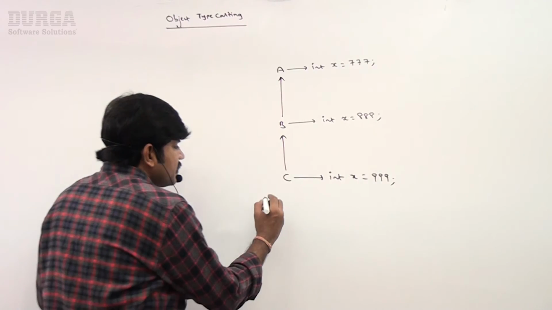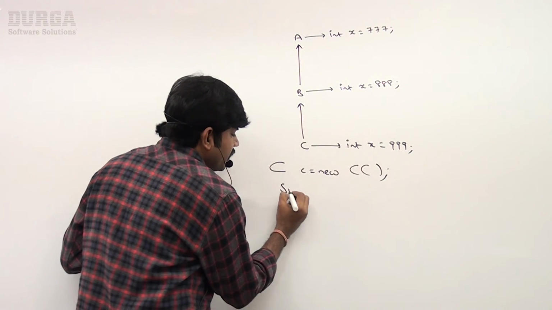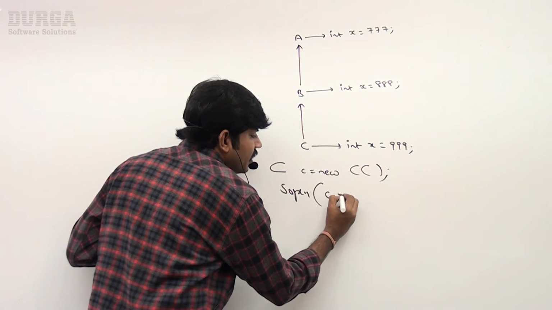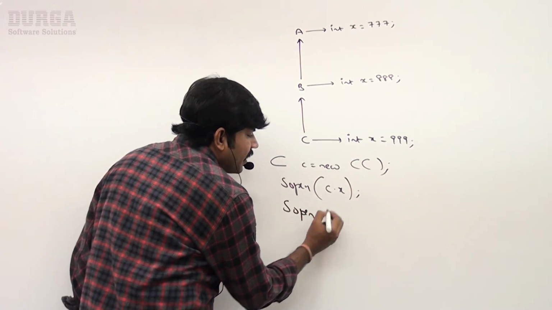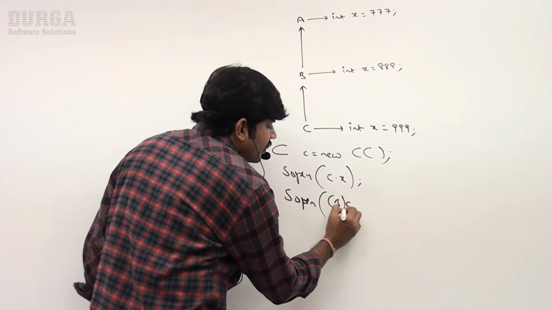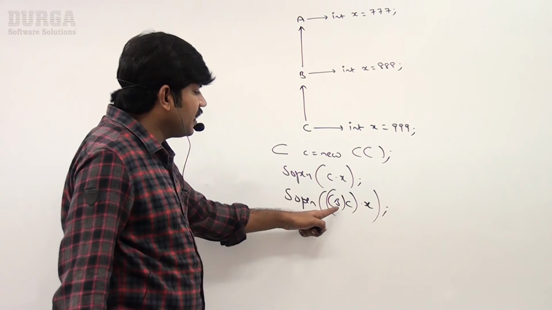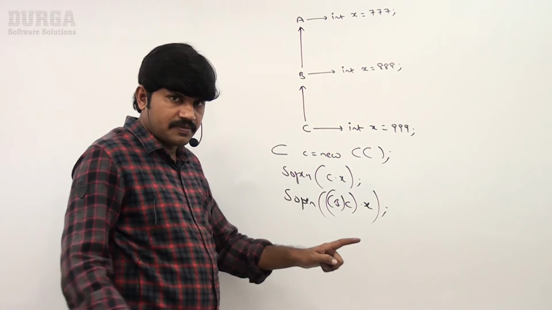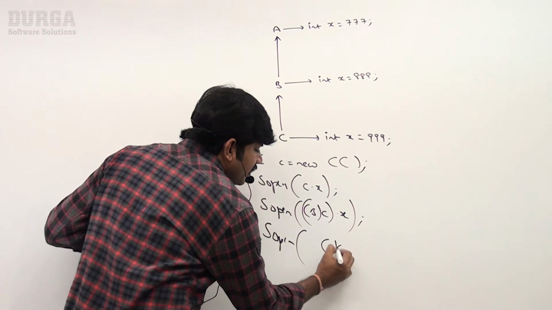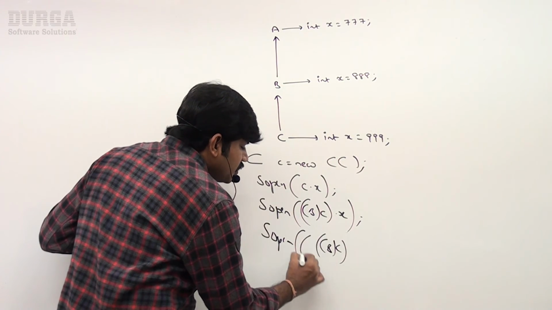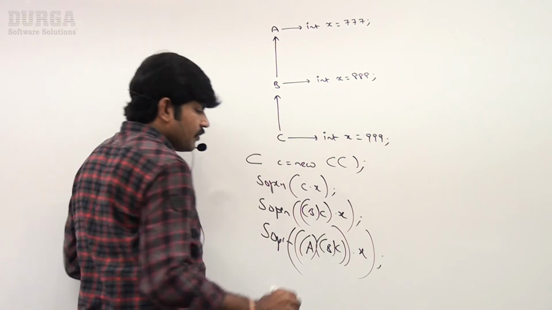Now C c is equal to new C. System.out.println c.x. Then System.out.println of c typecast to B, dot x. Then System.out.println of c typecast to B and then to A, dot x.